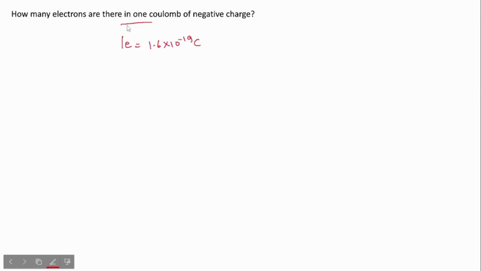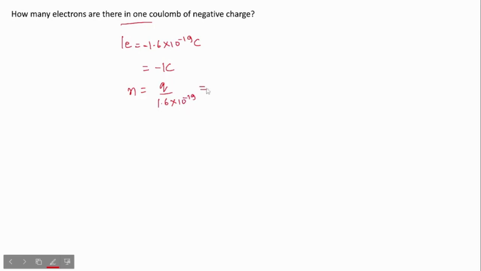The question asks us to calculate the number of electrons in 1 coulomb of charge. So we just need to divide: n = q/e, that is, q upon the charge on one electron, 1.6 × 10^-19.